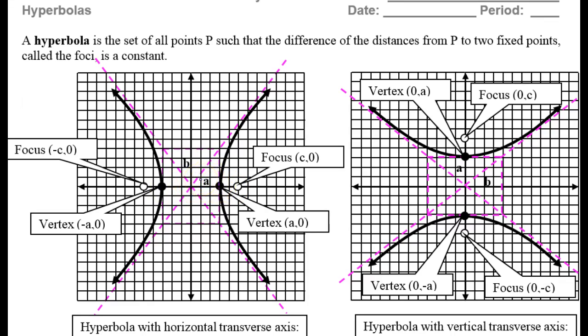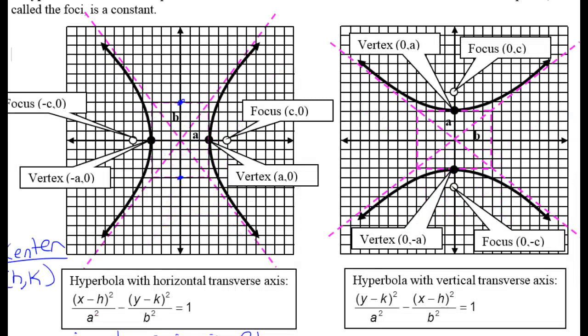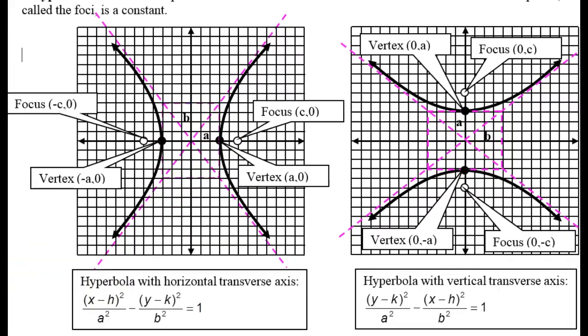Now, where with ellipses you have a co-vertex for the B value, a hyperbola technically has co-vertices as well. The co-vertices are here and here. However, unlike ellipses, the co-vertices are not actually on the hyperbola.